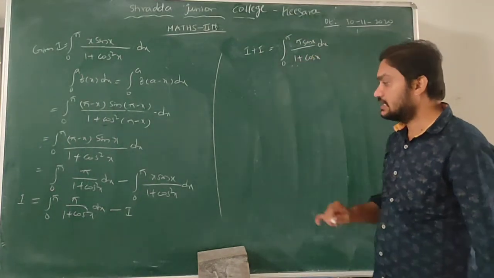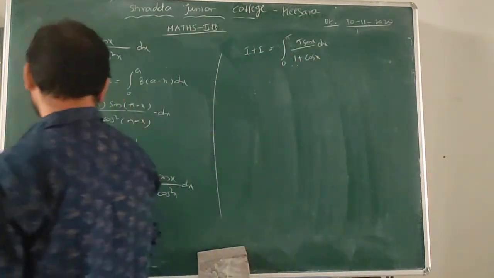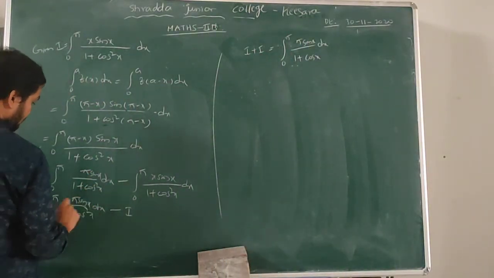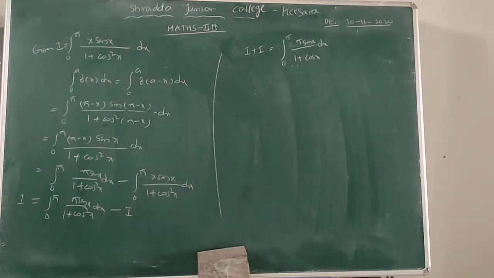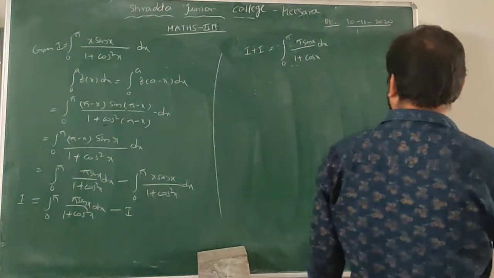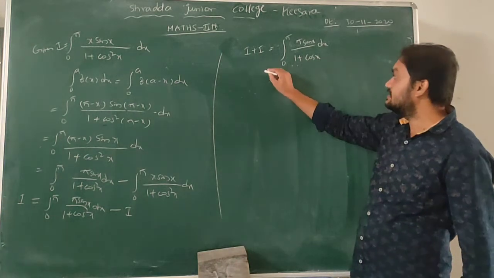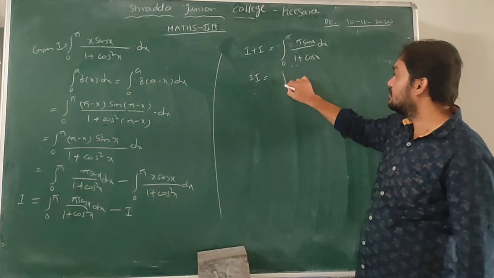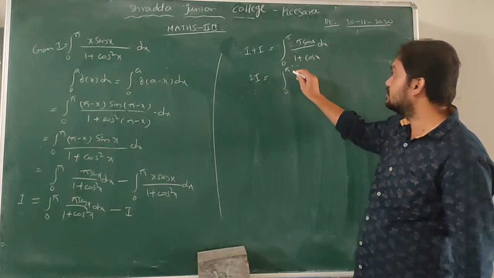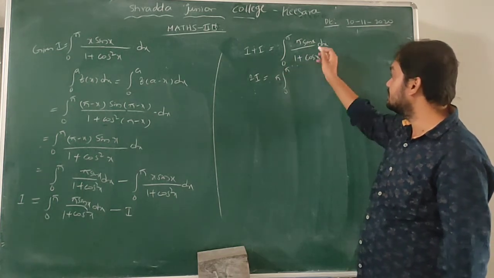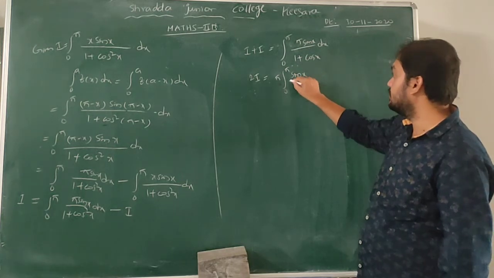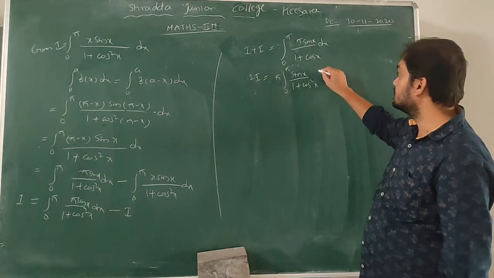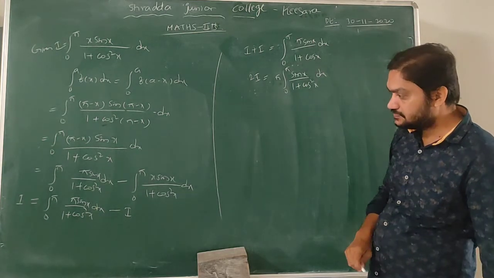That is sin x. See now, here I plus I is nothing but what? That is 2I. 2I equals integration 0 to pi. Now pi is constant. What is that? Sin x by 1 plus cos square x dx.